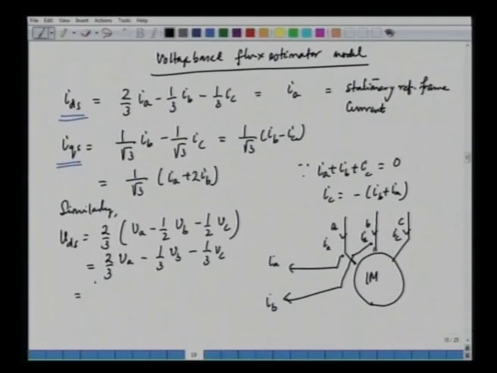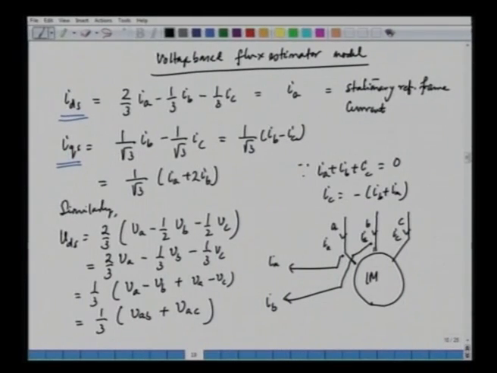So, I can take 1 by 3 out. So, I will say here it is VA minus VB plus VA minus Vc, that is equal to 1/3 of VAB plus VAC. So, what is VAB?